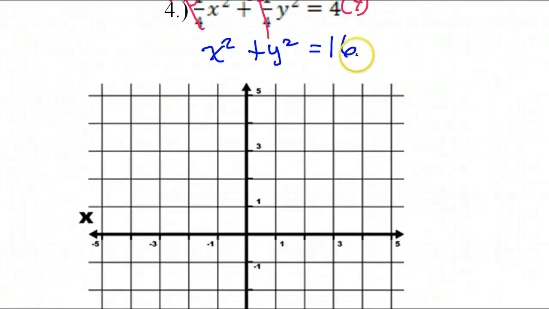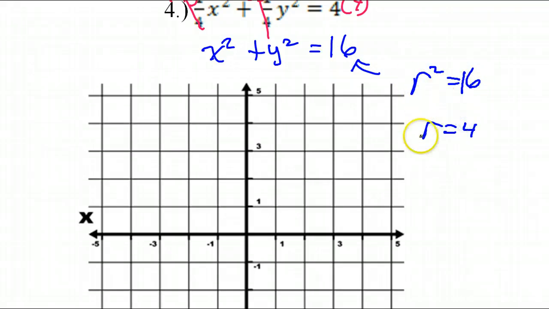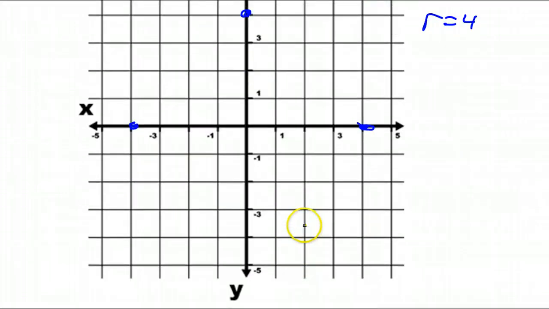And again, this is r squared. So that means r squared is equal to 16. That means r is 4 if you take the square root. So there you go. Go 4 in all directions and draw your circle.